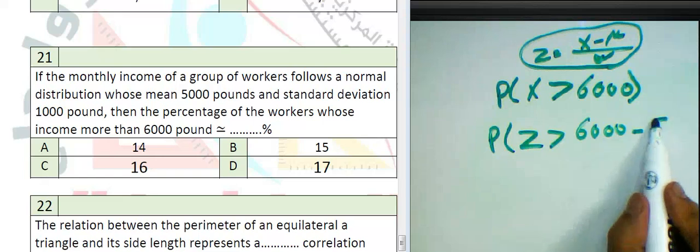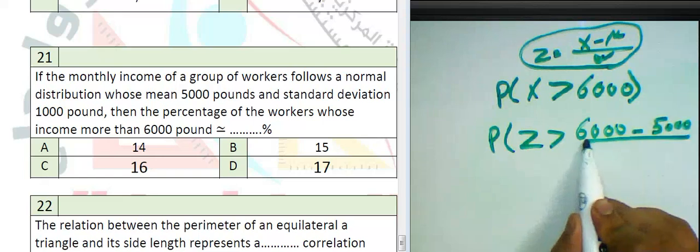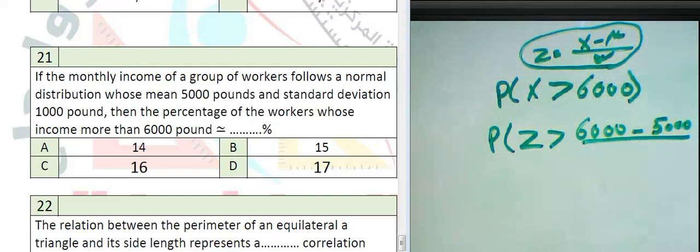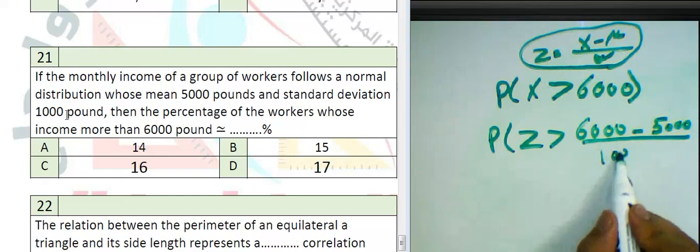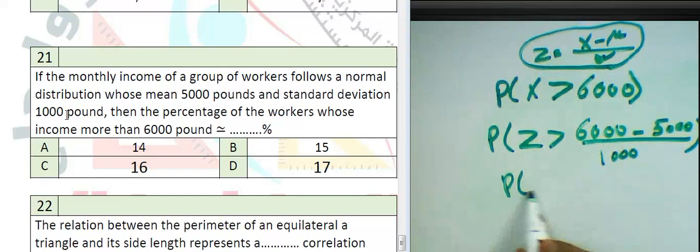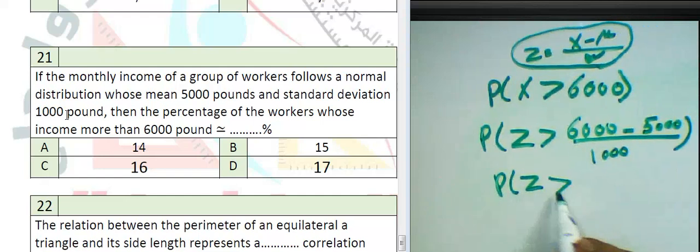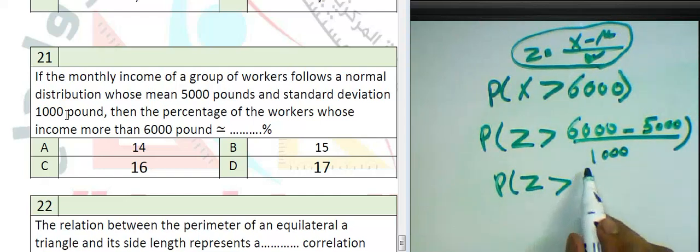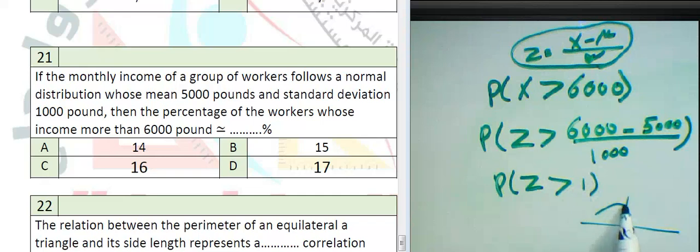The mean was 5,000, over sigma, the standard deviation, 1,000 pounds. We can find the probability of z greater than. The result will be 1,000 over 1,000. It will be 1. You want to find the area under the Gauss curve here.